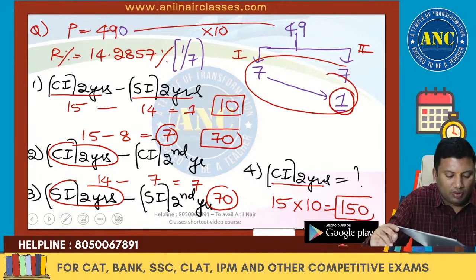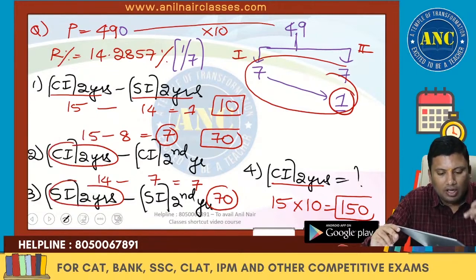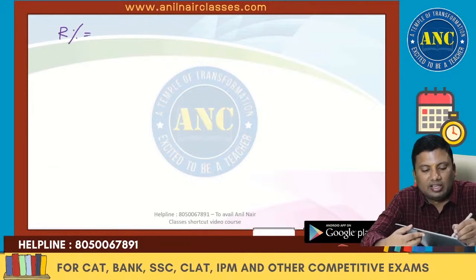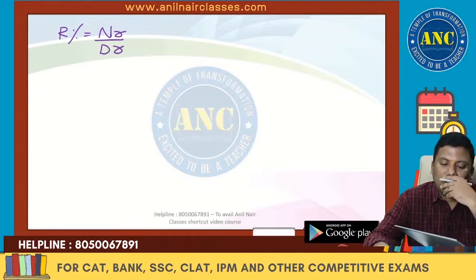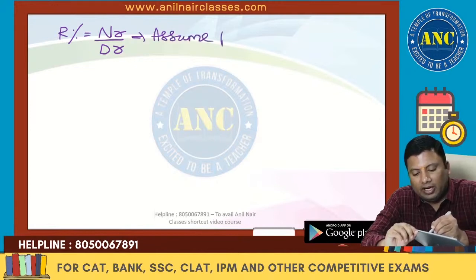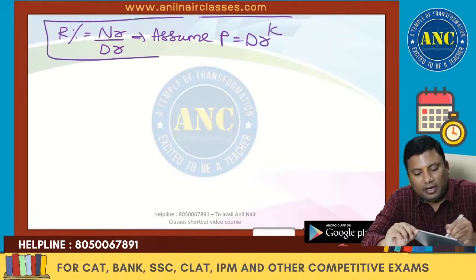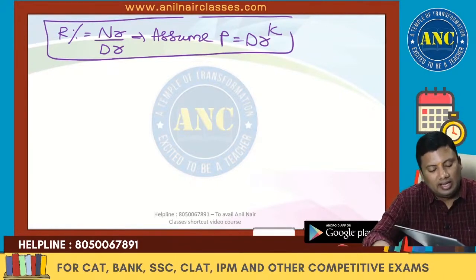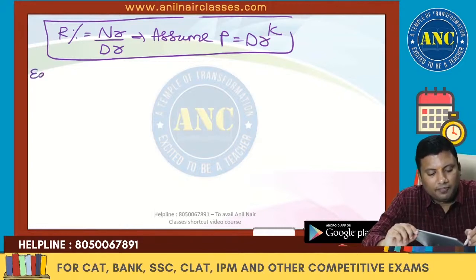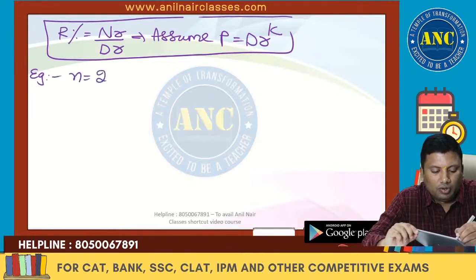Now, please write down one important observation. Now see here, R percentage is numerator by denominator. Assume principal is equivalent to denominator power k. Now listen carefully. For example, n is equivalent to 2 years.